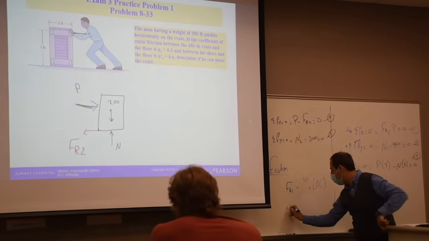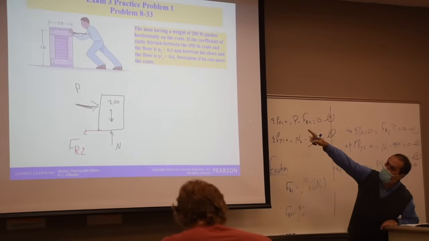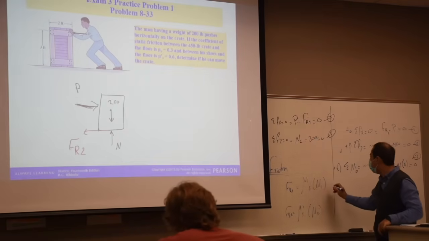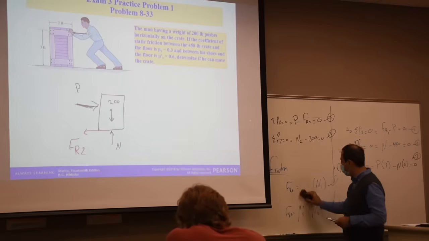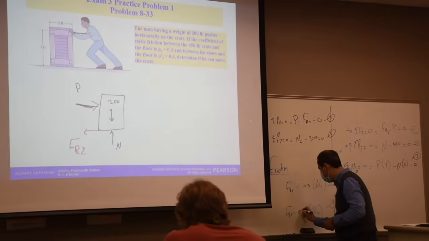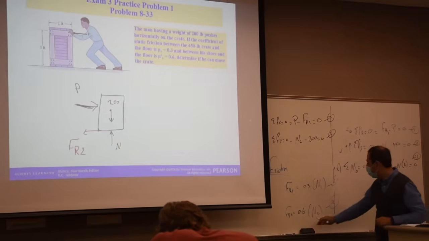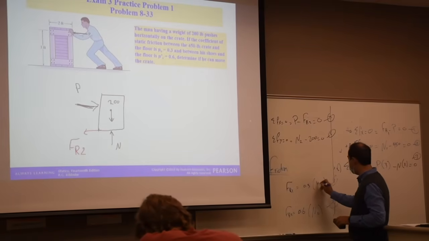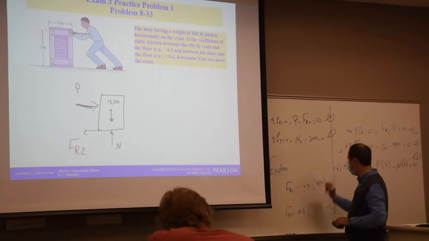And FR2 equals mu s bar, which is the 0.6 for the shoes, multiplied by N2. That's 6, that's 7. So here you put 0.3, and here you put 0.6. Now, how much is N1? N1 is going to be 450 from this equation, and N2 from this equation is 200.